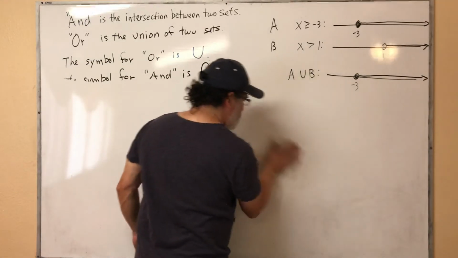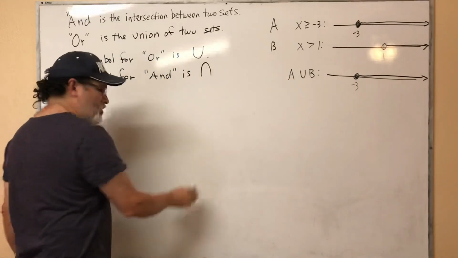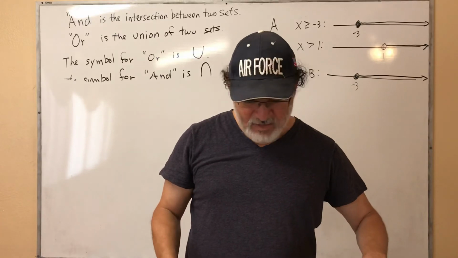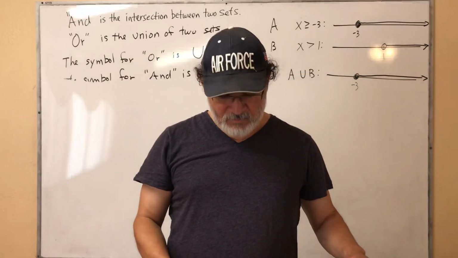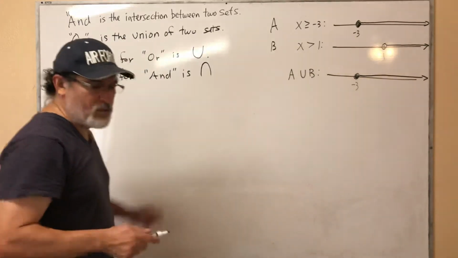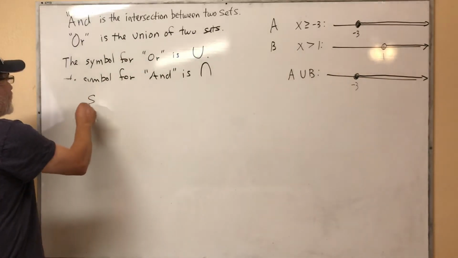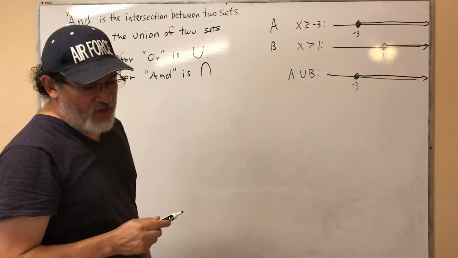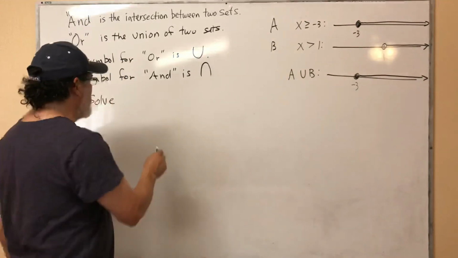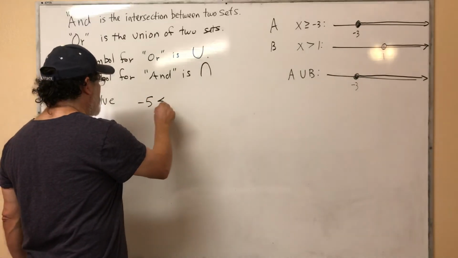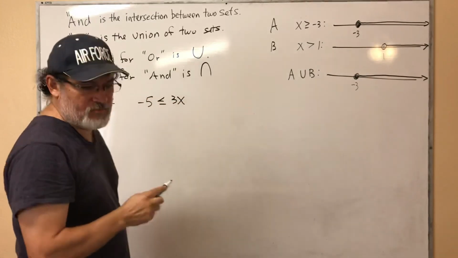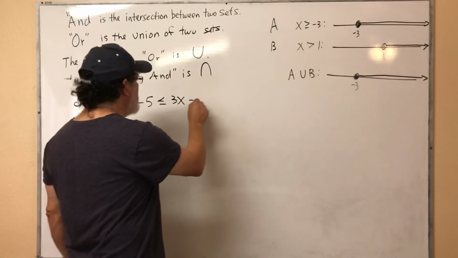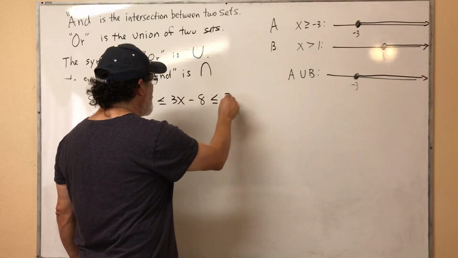Sometimes you'll get questions like this. Solve for x. -5 less than or equal to 3x - 8 less than or equal to 7.